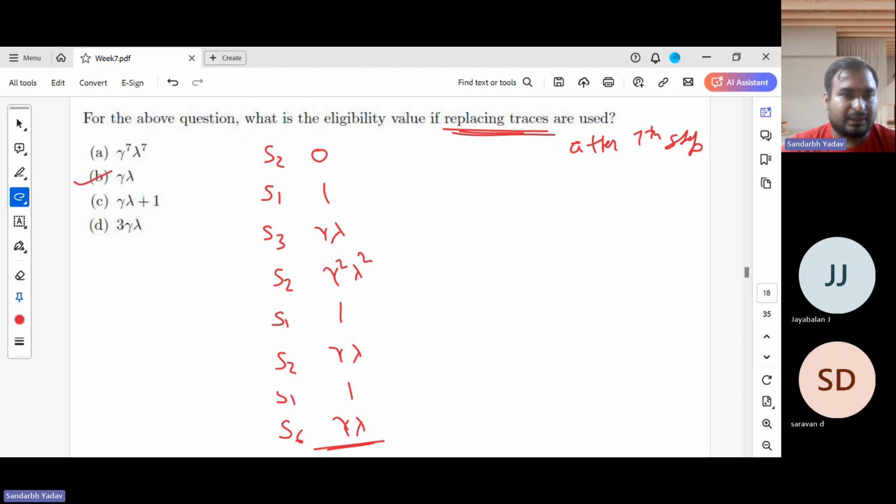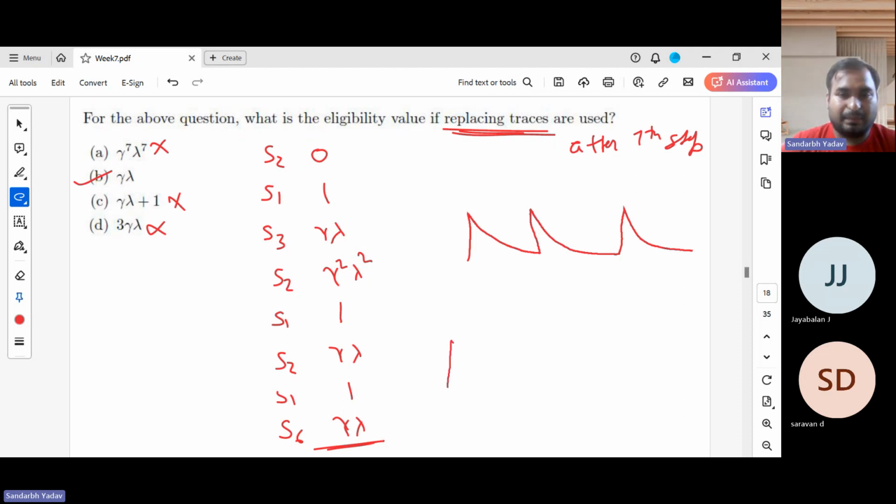So this is the correct answer. This is wrong, this is wrong, this is also wrong. Okay, so I hope you got this. The difference basically comes because whenever we visit that state, we put the value to 1. So this kind of structure comes: you visit, then the value goes to 1, then decay, then 1, then decay.